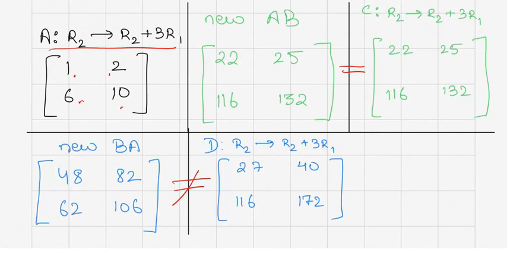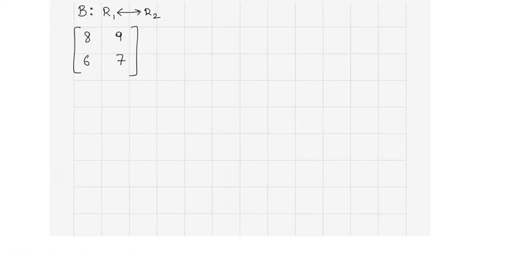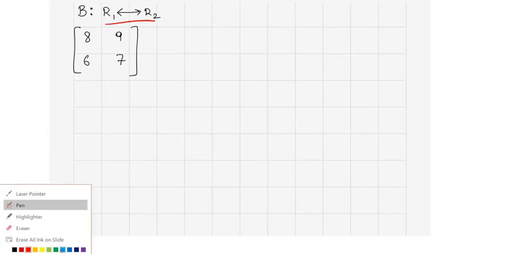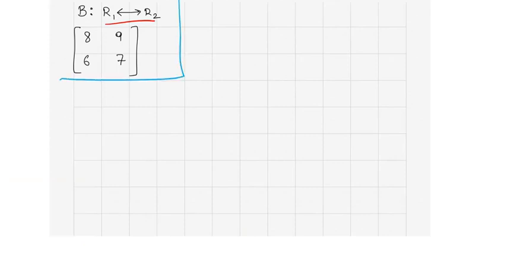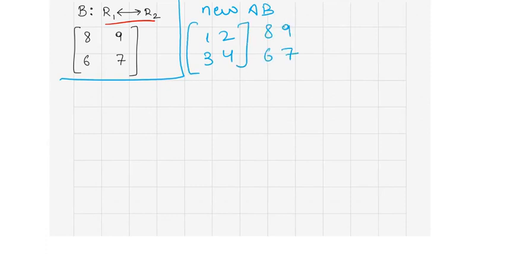Moving on to matrix B, if we apply the same row transformation, R1 and R2 are interchanged, to B, we get 8 9 6 7, and that changes our product AB to 1 2 3 4 times 8 9 6 7 instead of 6 7 8 9, and that comes out to be 20 23 48 55.